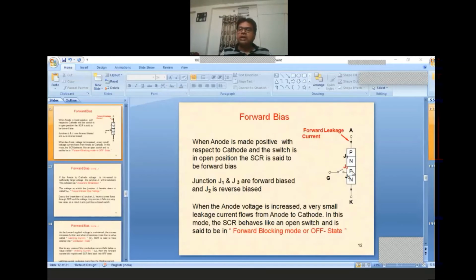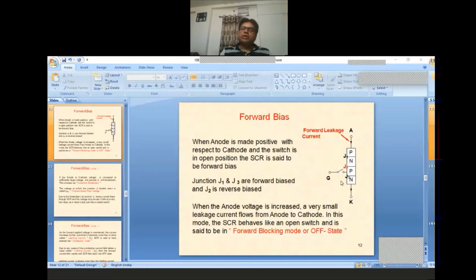and as more and more current is drawn by the cathode, the junction J2 will start to decrease, and this happens in very less time because of this gate triggering pulse, as this gate region is heavily doped. The gate region is heavily doped with the holes, that is deficiency of electrons.